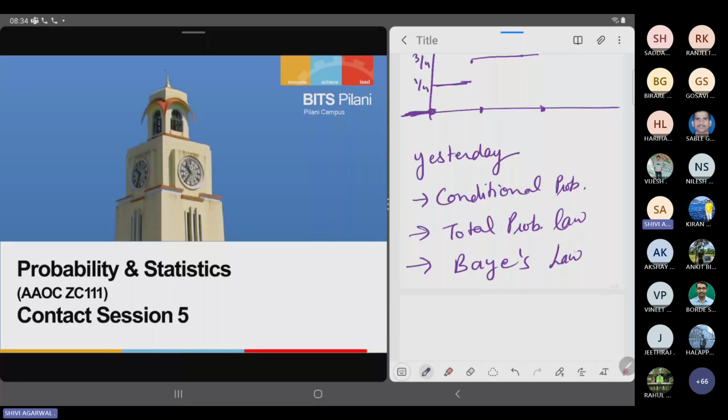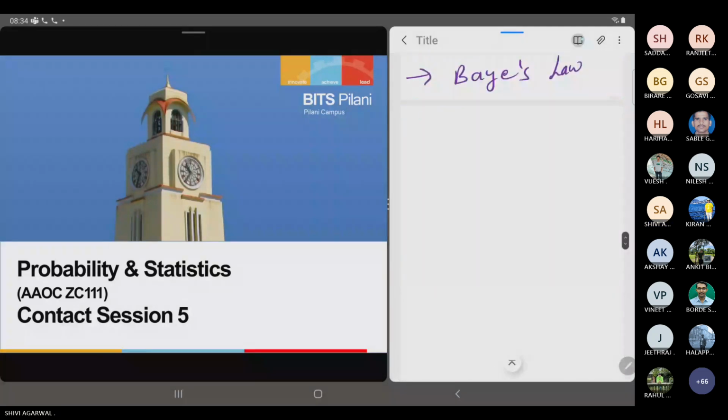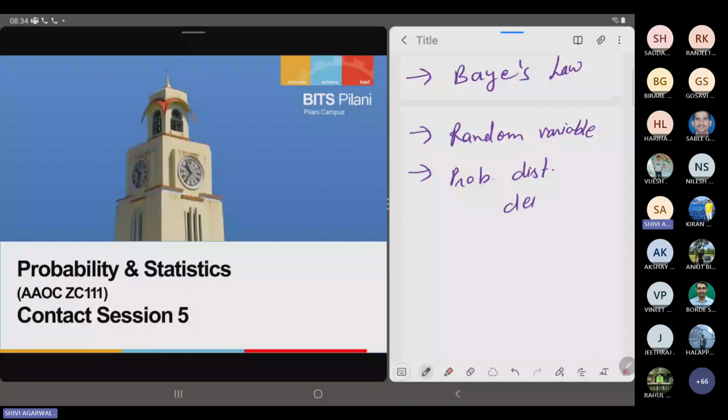After that, we defined the random variable, then the probability distribution, that is by using the probability density function, then the CDF. So these things we did in the last class.